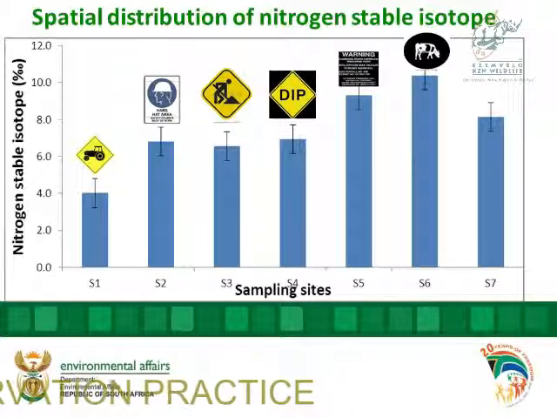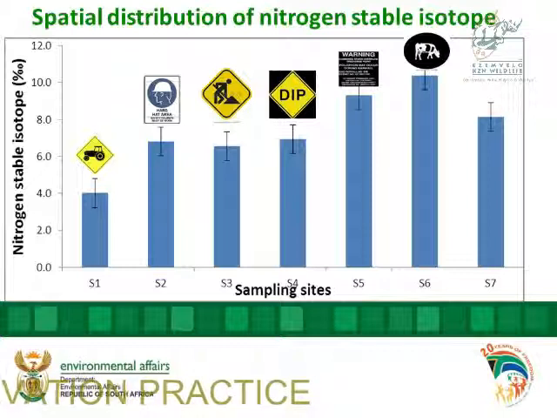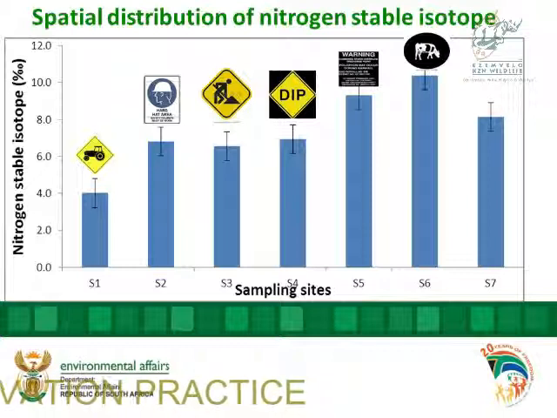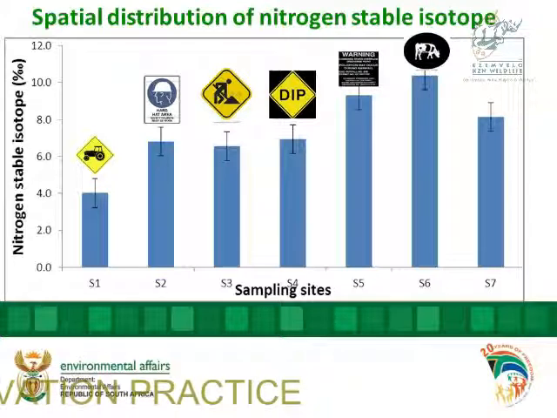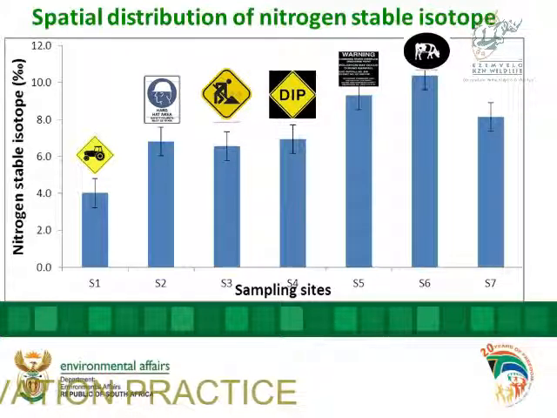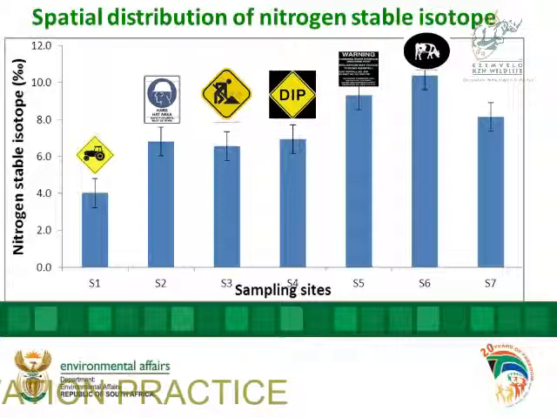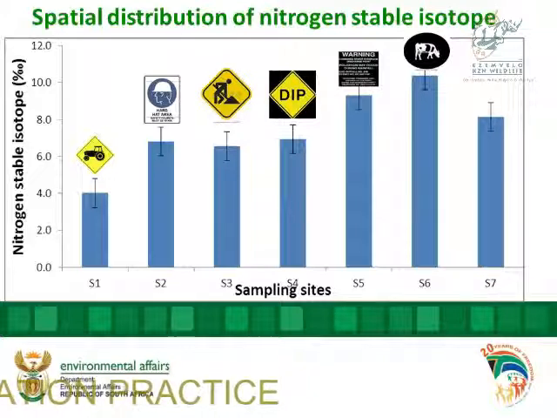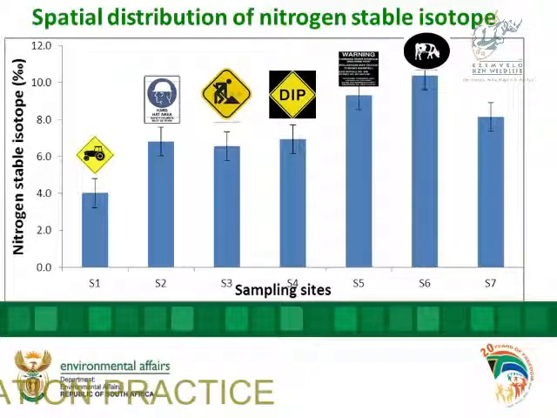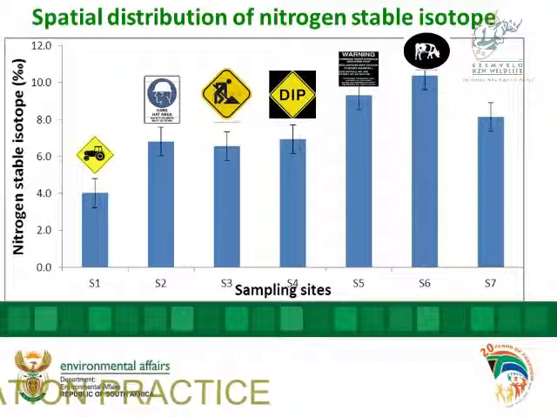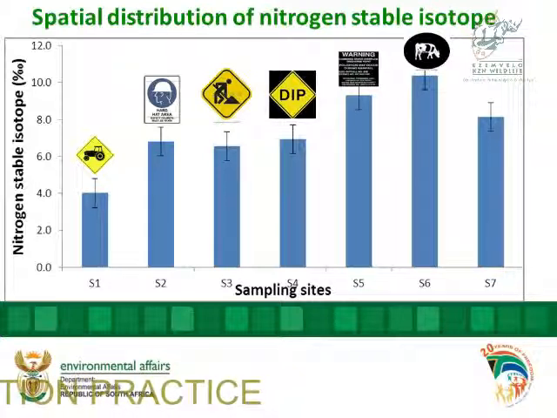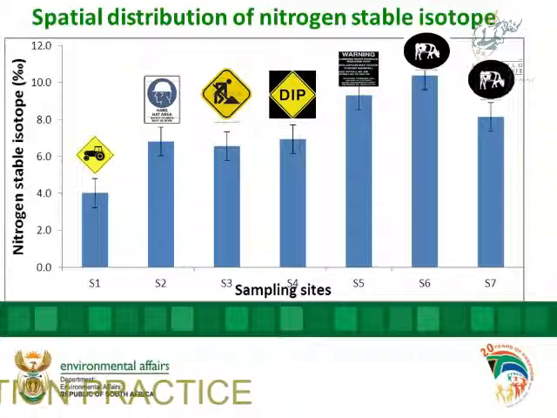So we attributed that to the fact that maybe the nutrients that were discharged at Site 5, the sewage nutrients, were not biologically available to macrophytes. They had to be transformed by bacteria or any other organism that can transform the nutrients into a form that plants can assimilate.